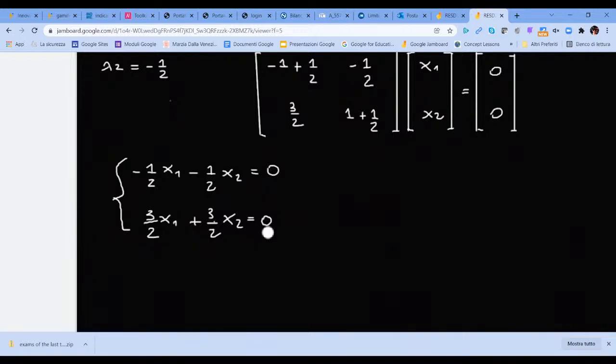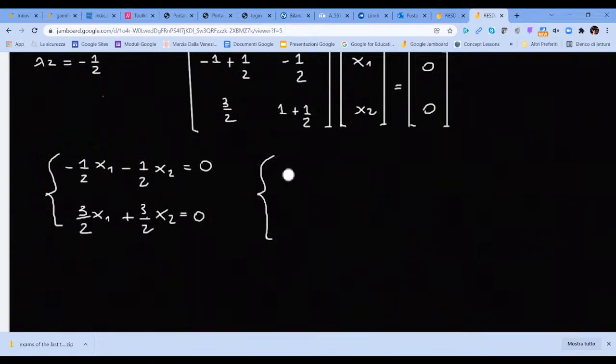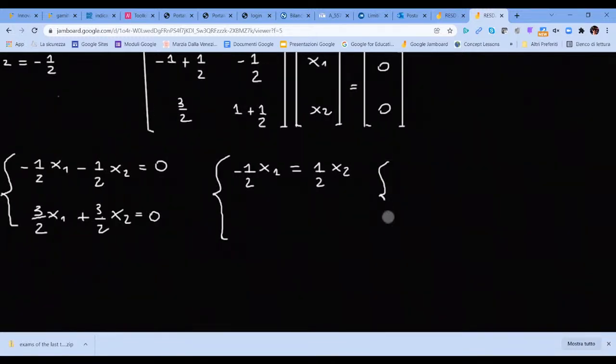So then you have x1 and x2 that are one the opposite of the other. So, for instance, if we put x2 on the other side and we divide by 1/2, we have x2 equals minus x1.